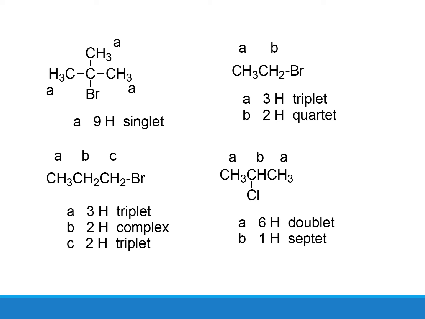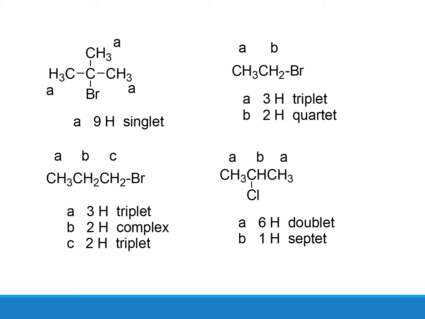The same way, that's the same for tert-butyl bromide. But if you look at ethyl bromide, you can see that the two hydrogens are in different environments, as we have talked before.